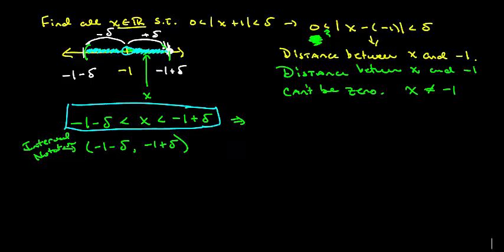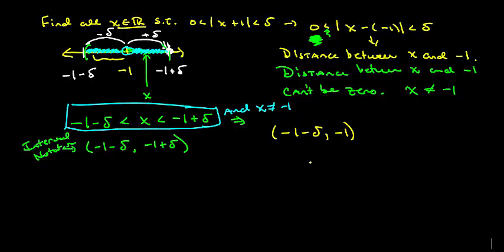We can say this and x cannot equal -1, or we can use interval notation, and the interval would be from -1 minus delta all the way up to -1. So that's this interval right here, not including -1, because x can't be equal to -1.